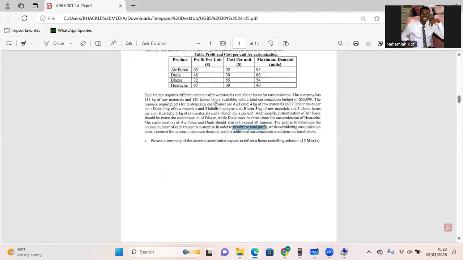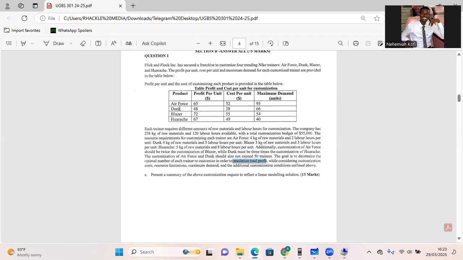Now Max Z normally uses profit. So the profit is what you use. We have 65 for the Air Force, and it follows like that.